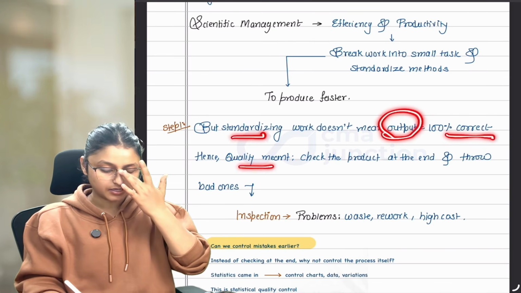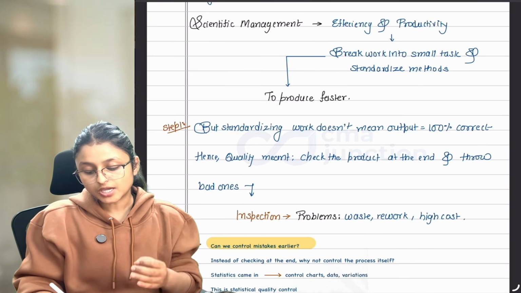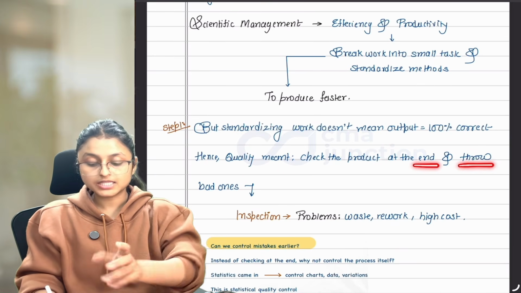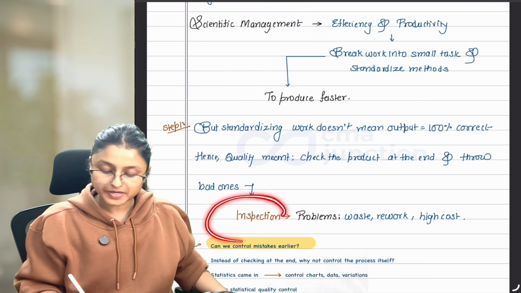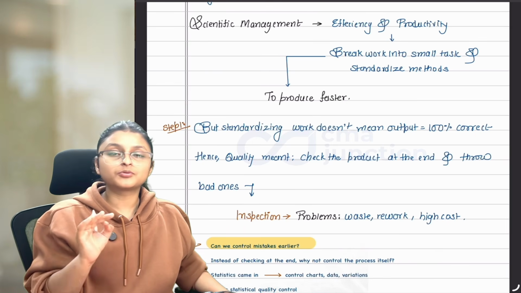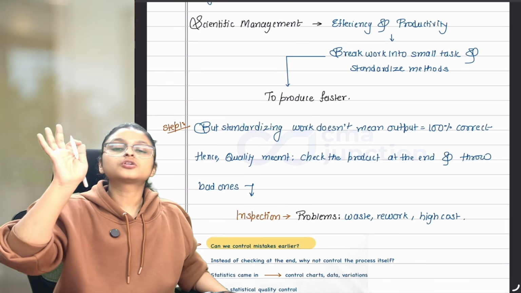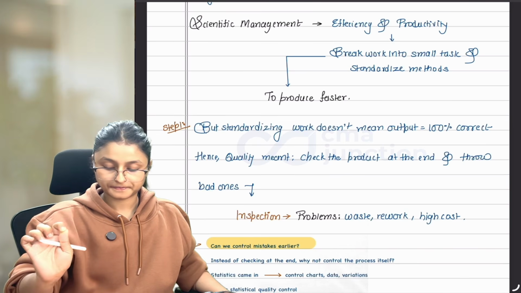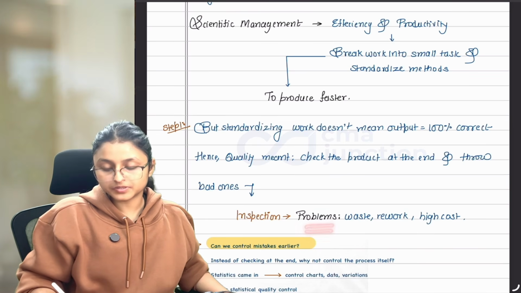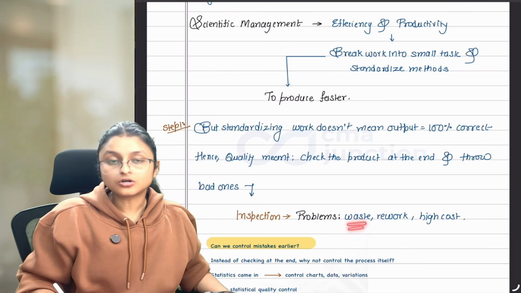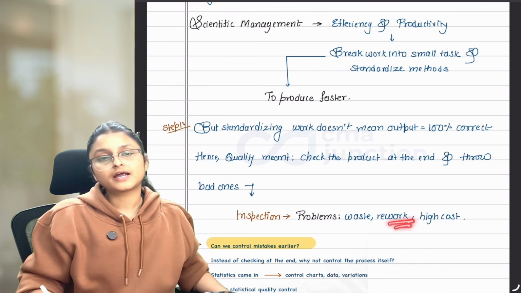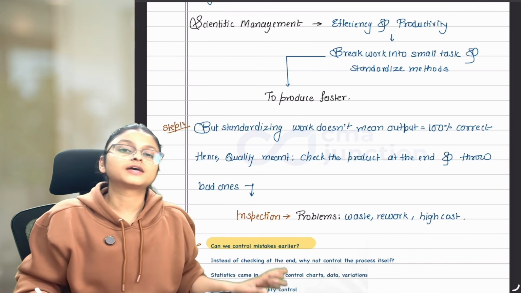And that is why here quality meant checking the product at the end and throw bad ones. In inspection, we are going to check every product and throw the products which are not of good quality. Now, what was the problem with this? There were a lot of waste, rework, and high cost which organization has to bear.